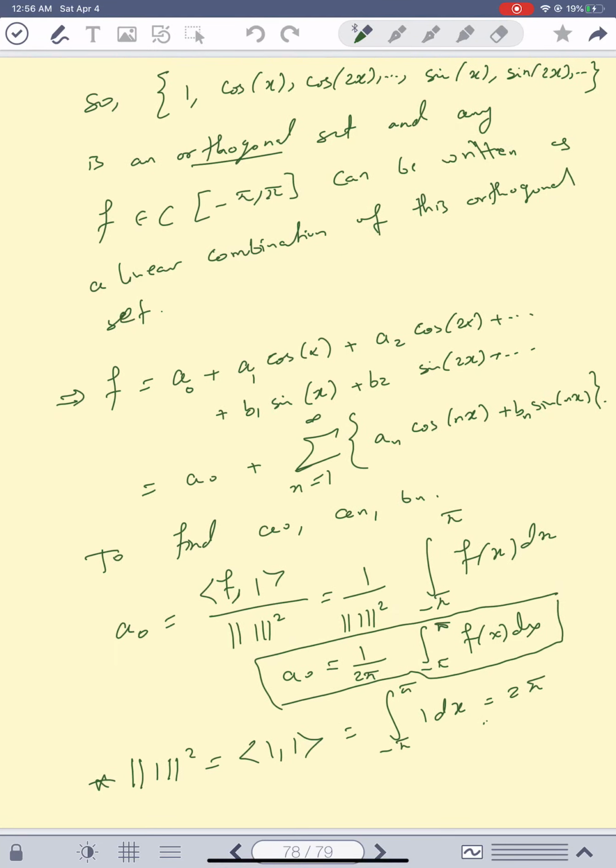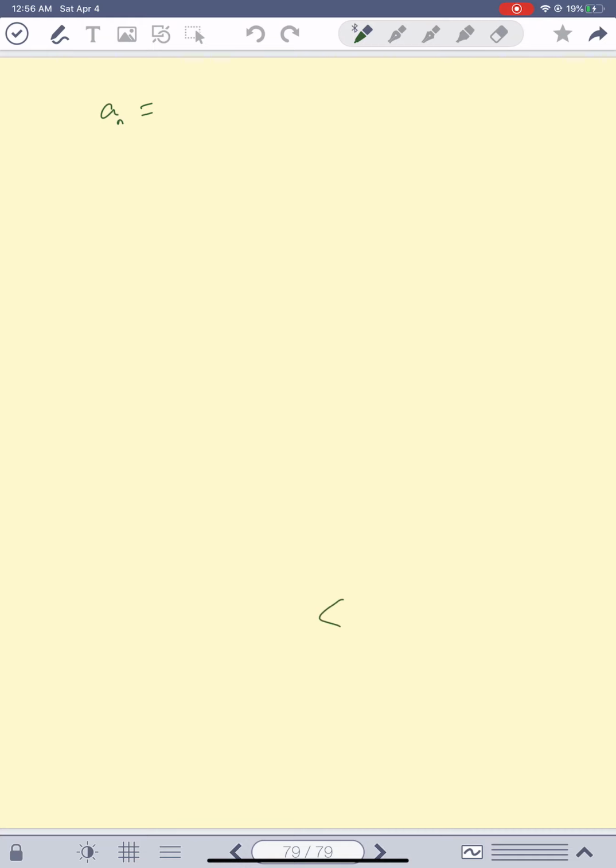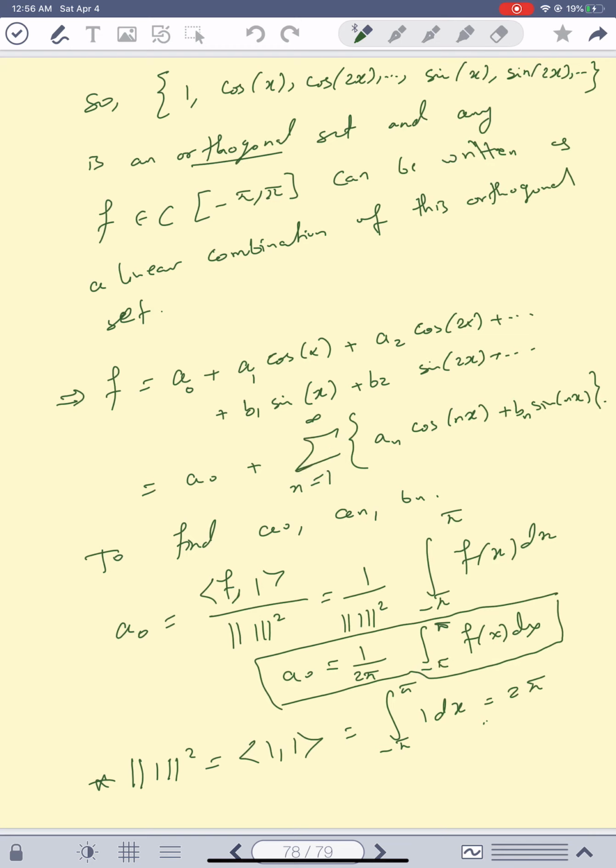Okay, let's move to the an. So what is an? Again, I'm going to apply this formula. The alpha i, this was my formula, the inner product of f with fi over the magnitude of fi squared. Alpha i is the coefficient of fi. Now, if you want to find an, it is the coefficient of cosine nx, right?